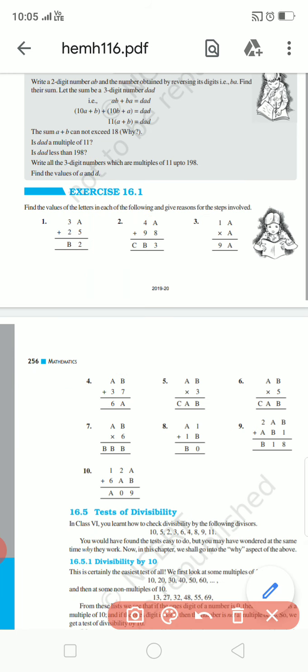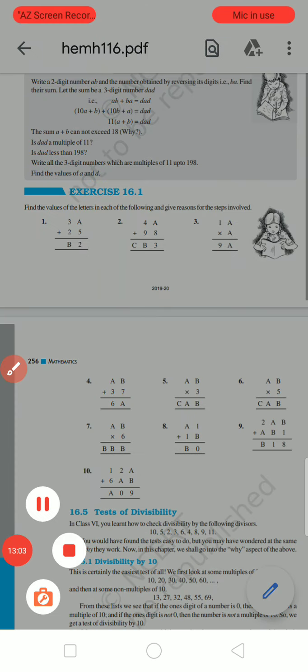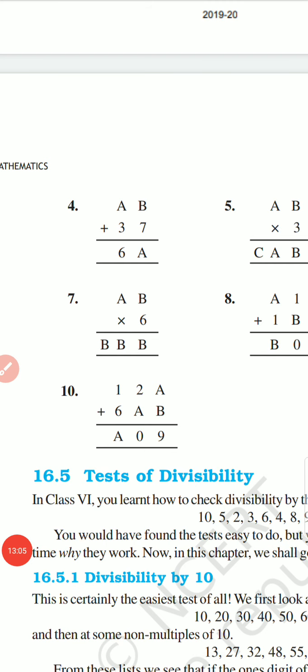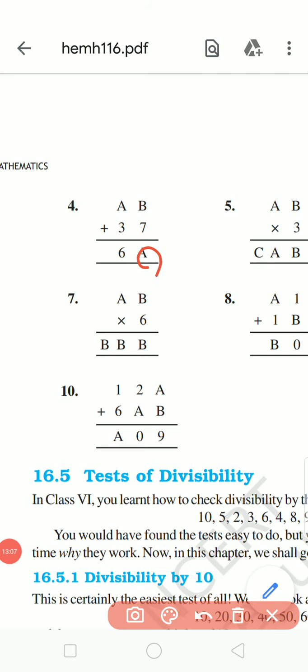Let us come to question number 4. So what should we add to 7 to get A? Here you can see A and here is also A. So we will start from here. We should get 6.